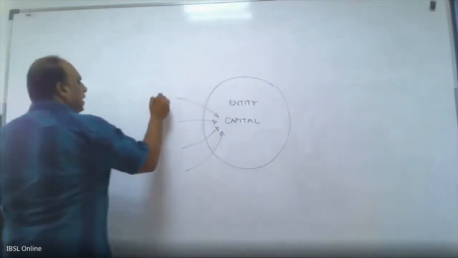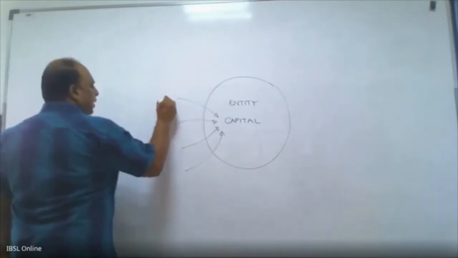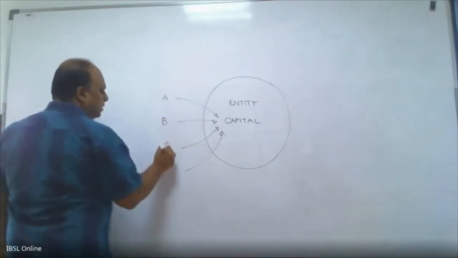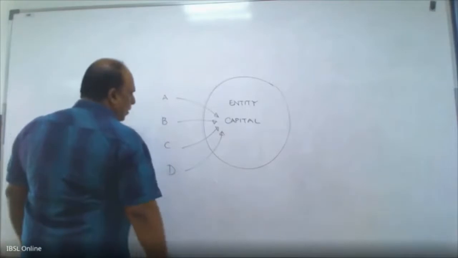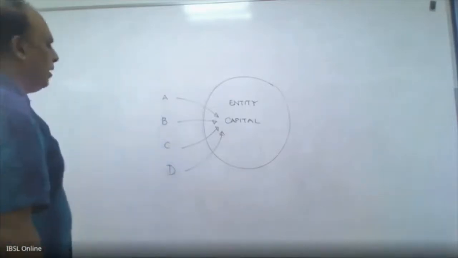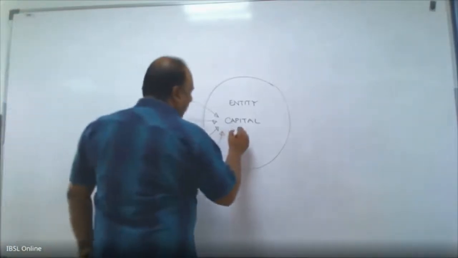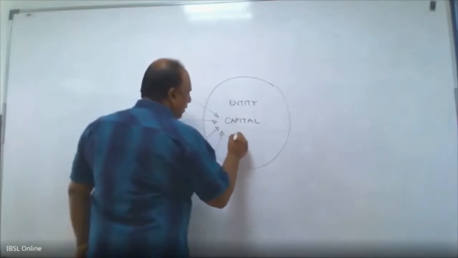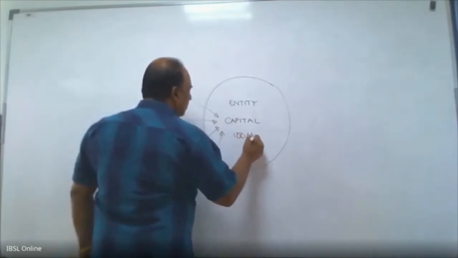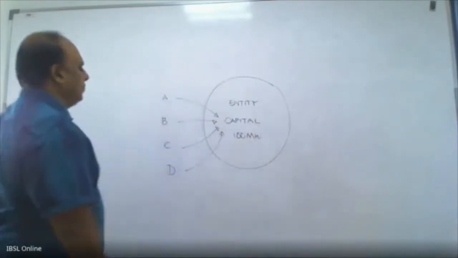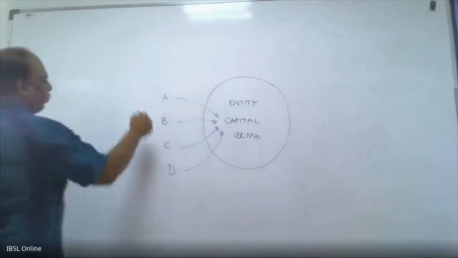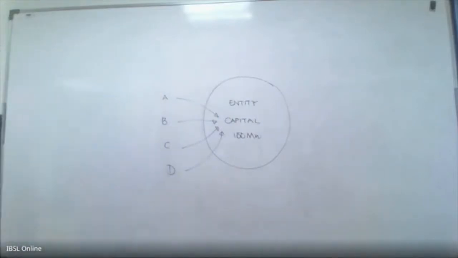So let's say there are 4 people, A, B, C, and D. According to the requirement, this company requires a capital of, let's say, 100 million. And these 4 people have come forward to do the funding for the same.